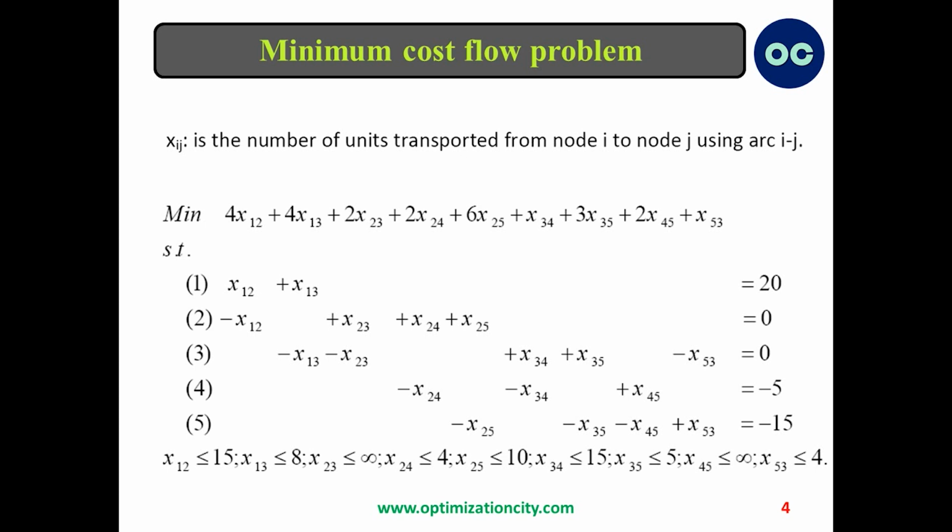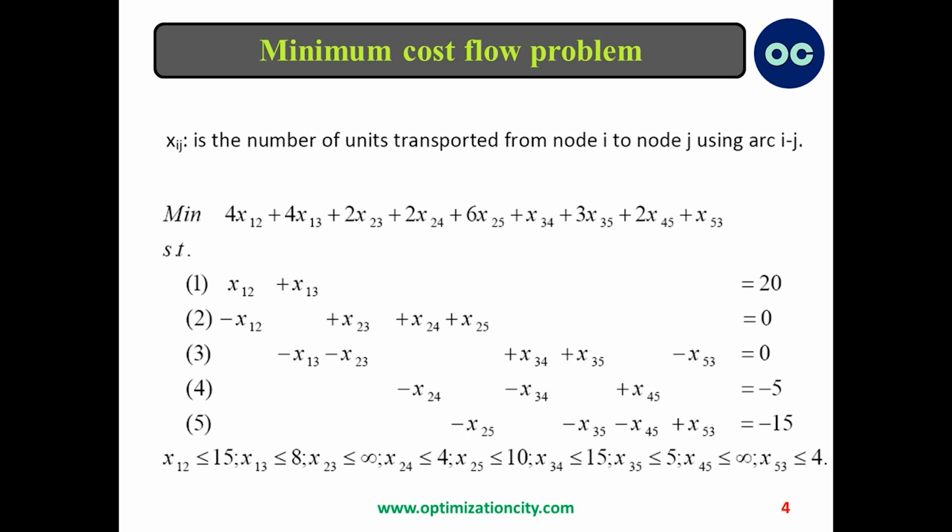Once with the coefficient of +1 representing the node where the flow originates, for example, x12: node 1 is the origin of the arc 1,2. And once with the coefficient of -1 representing the node where the flow enters. For example, here node 2 is the end point of the arc 1,2.